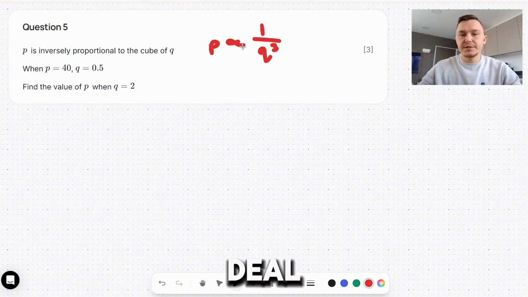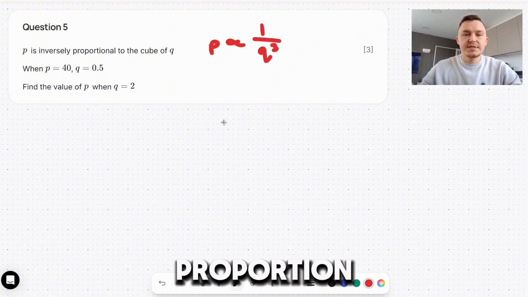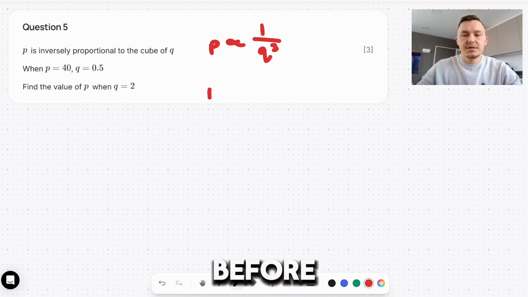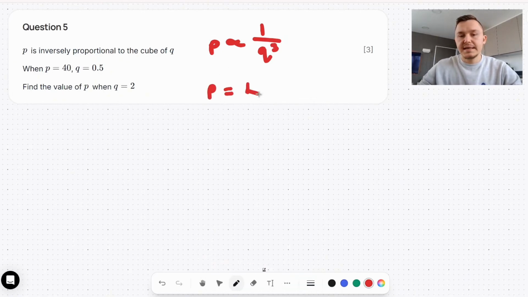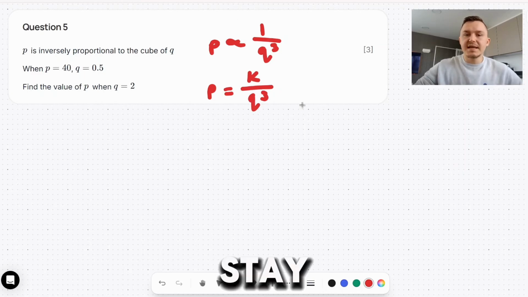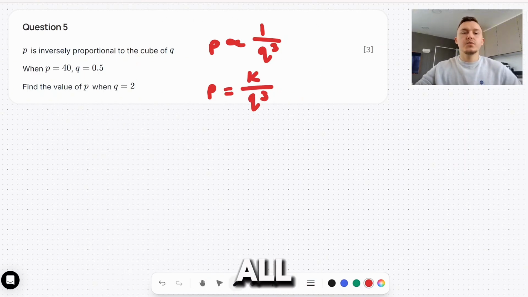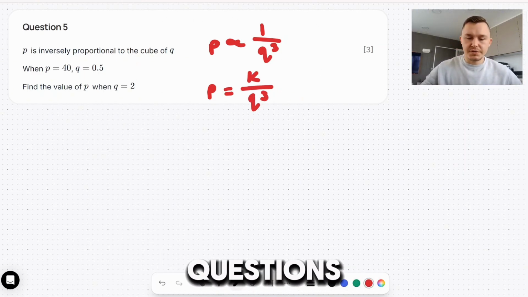Then we deal with this proportion sign in the same exact way as before. So P is equal to K multiplied by 1 over Q cubed, which is the same as P is equal to K over Q cubed.